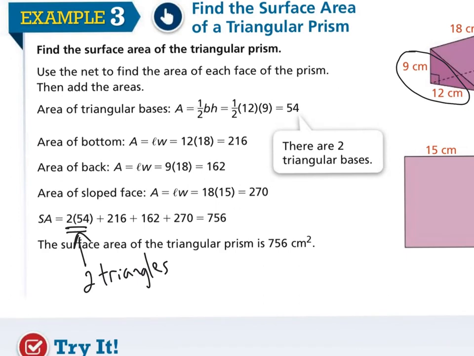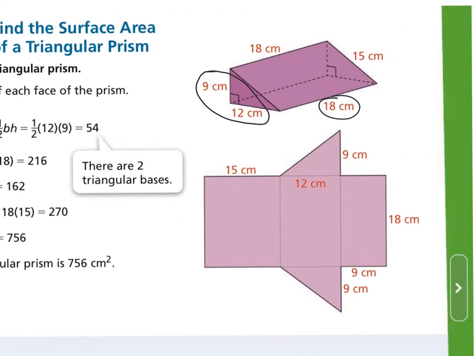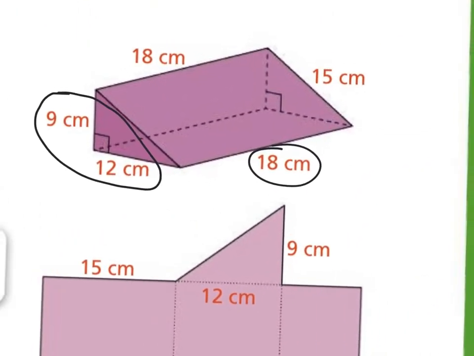And then the rectangles are all a little bit different, like I said. For the bottom rectangle, the dimensions are 12 and 18. So if you do 12 times 18, that'd give you the area of the bottom rectangle. The area of the top rectangle we could say would be 18 times 15.